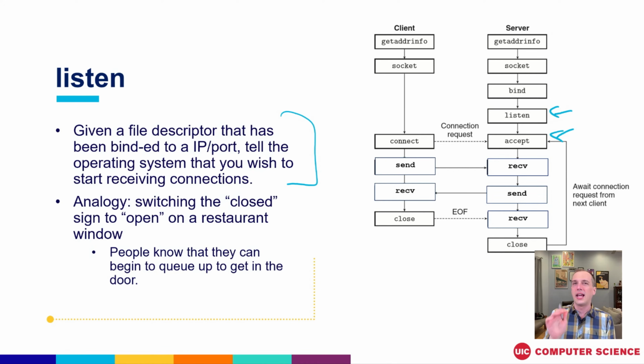What you're doing is saying, hey, operating system, I reserve this port and I want you to start accepting connections and doing the synchronization and all the stuff you need to do when people try to connect to this port. This basically says this port is open for business. What's really, really important here is that saying this port is open for business is not the same as letting somebody in the door.